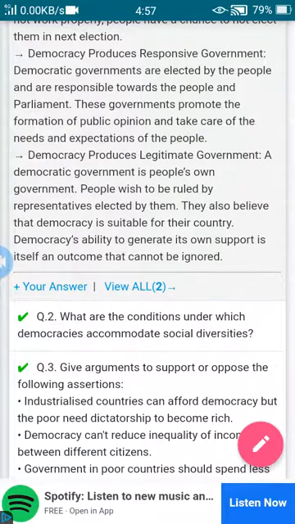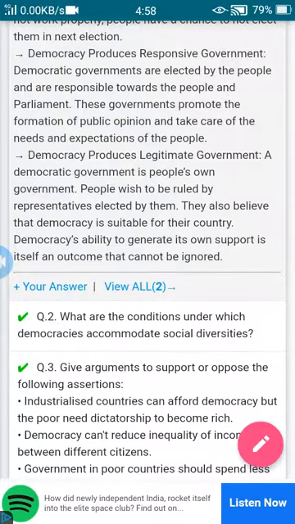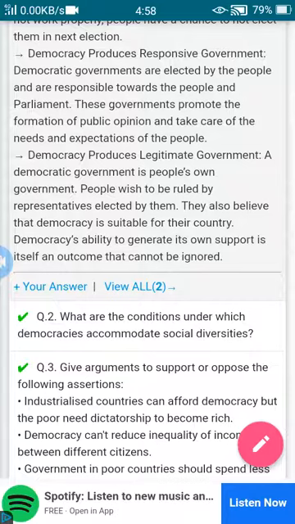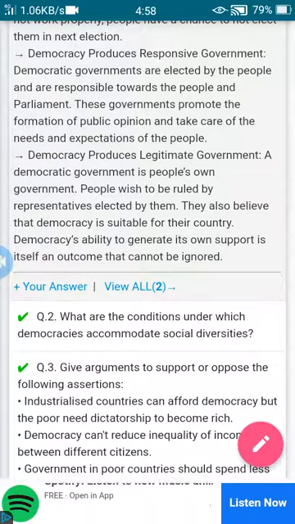Democracy produces a legitimate government. A democratic government is a people's own government. People wish to be ruled by representatives elected by them. They also believe that democracy is suitable for their country. Democracy's ability to generate its own support is itself an outcome that cannot be ignored.